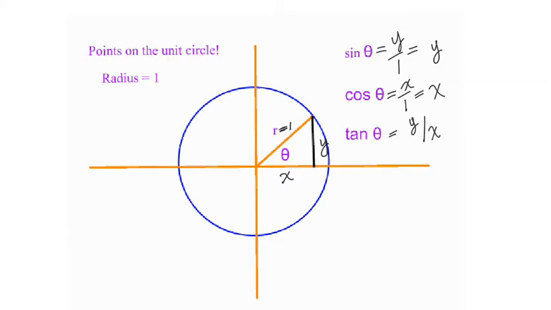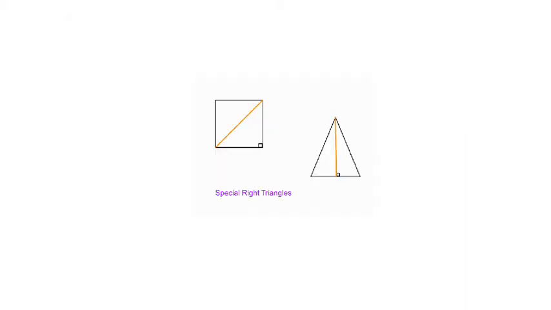So any point on the unit circle could be described as: the sine is y, the cosine is x, and the tangent is y over x. So that's where those things come from. These things you probably will memorize just because you're going to do it so often. But if you didn't know where it came from, it comes from being on the unit circle and using sine, cosine, and tangent, those SOHCAHTOA things we know about already.